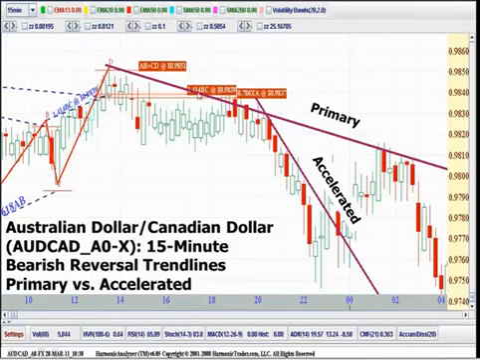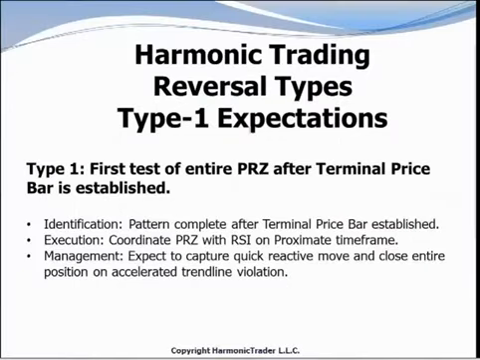So then just drawing that primary trend line off of that terminal price bar, we can use this as a gauge to monitor whether or not this reversal will yield a substantial move or not. But that's that 45-degree general expectation of how to look at it.